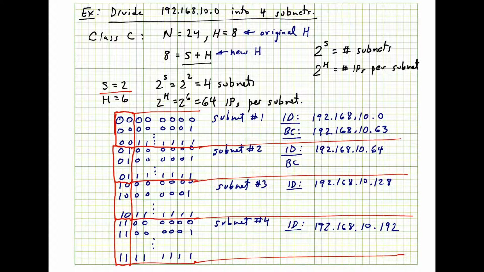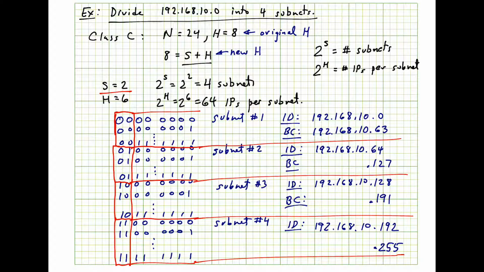The broadcast address of the second subnet is, and I'll do this probably for the balance of the video and many other lectures here, I'll just skip writing the 192.168.10. If they're all the same, I'm just going to write a .127 here. And here I'm going to write that the broadcast is .191. And here I'm going to write that the broadcast, well, it's going to be all ones, 255.